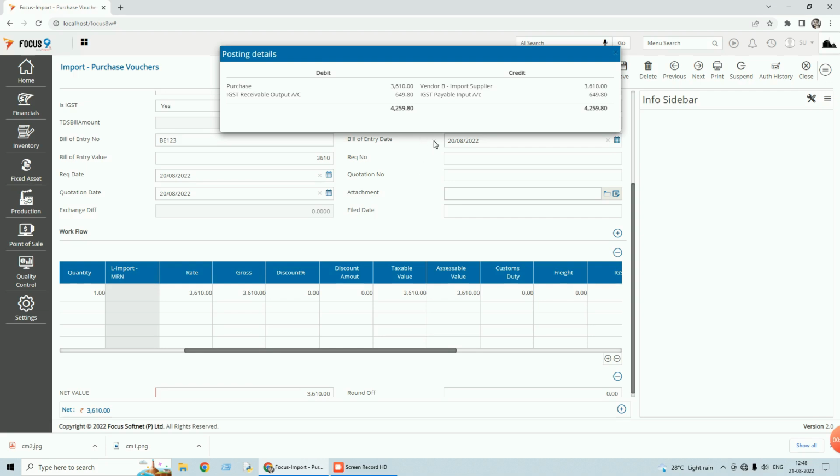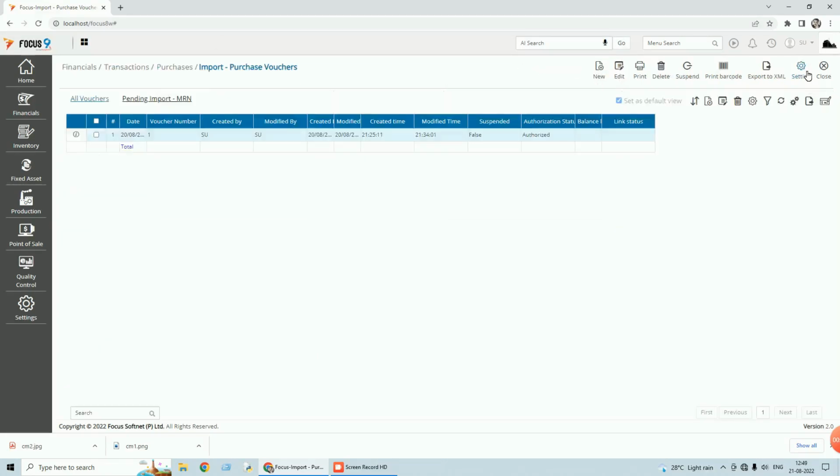That is why you see here we have the IGST receivable output account and the IGST payable account. You see the debit and credit accounts are the same. From the supplier we are collecting only the value he has charged, which is 3610. We have credited this and credited the same amount to purchase. This is one entry I have posted.